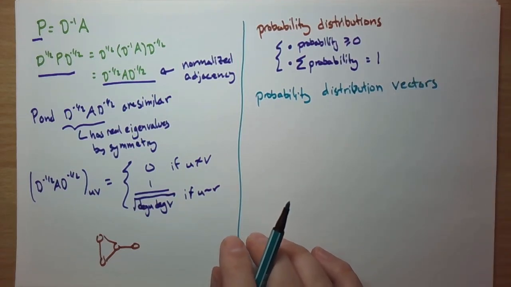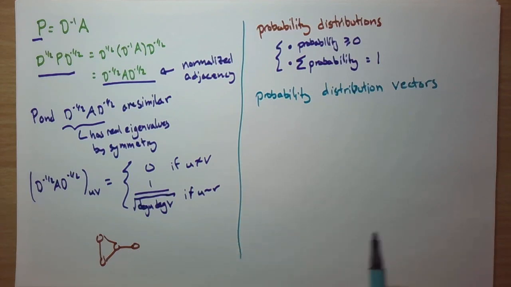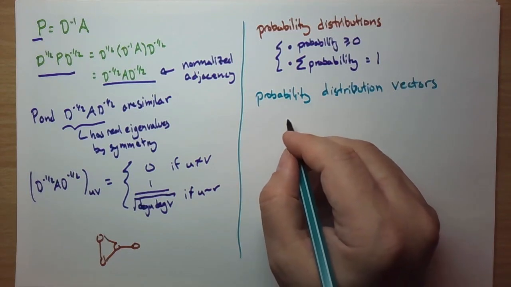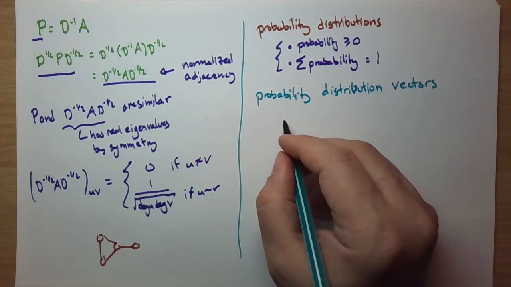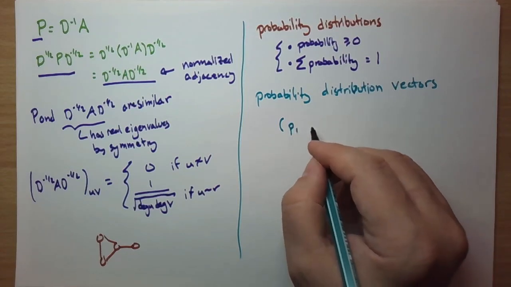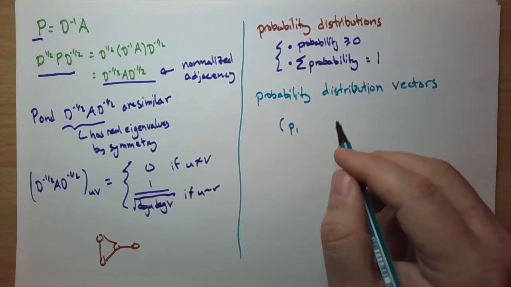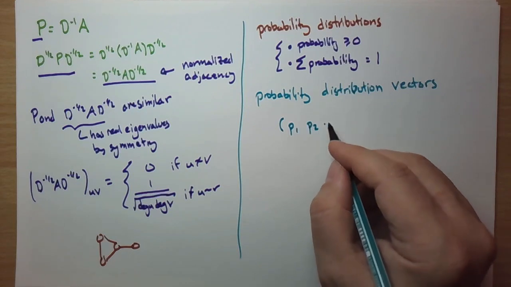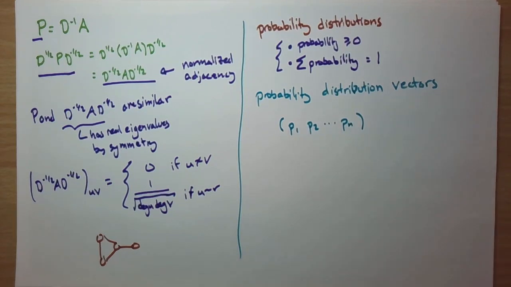The key here is that these will be row vectors, P1, P2, through Pn. You can always write it as a column vector and take the transpose, but that feels really inefficient.